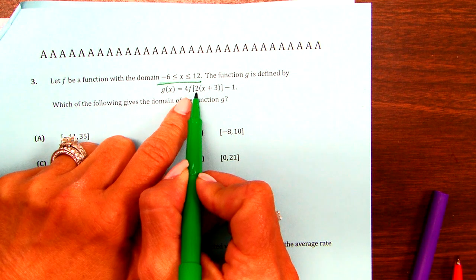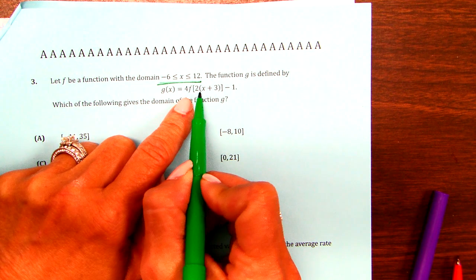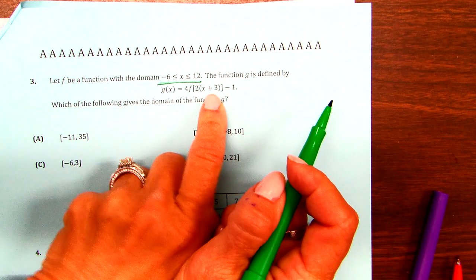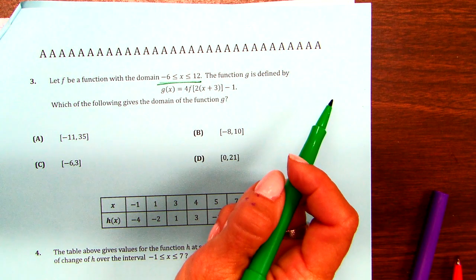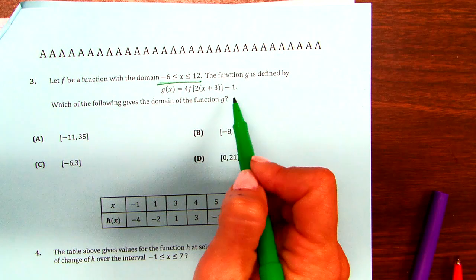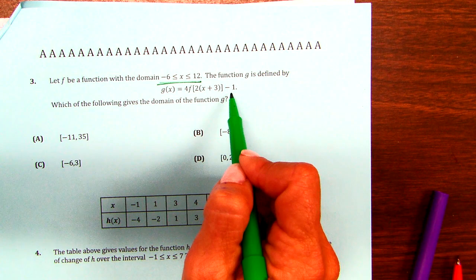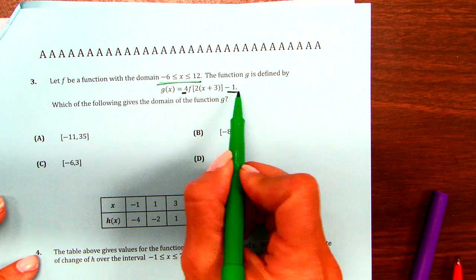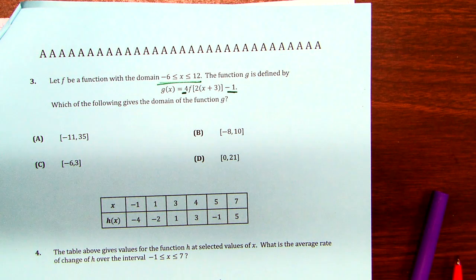The 2 is a dilation or shrink by a factor of 1/2. You remember you have to flip it in there, and it moves all your points left 3. That's also affecting your x values. And then outside of the brackets all the way to the right, that's your vertical up or down. So that would be down 1. So the 4 in the front and the -1 in the back, that's going to affect your y values, stretching it vertically and moving it up or down.